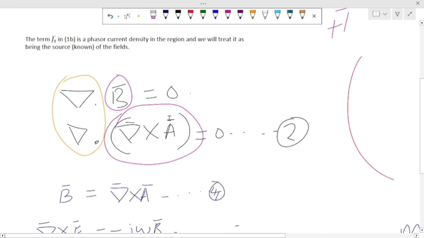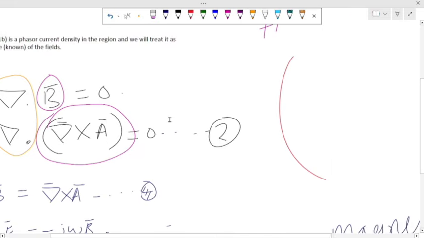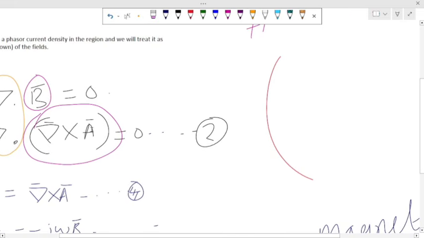Vector because it has magnitude and direction. So relating to magnetic field, this A is the magnetic vector potential. Potential meaning it has the ability to produce something or get something done. So in this case we're using this to relate to the magnetic flux density, magnetic field.